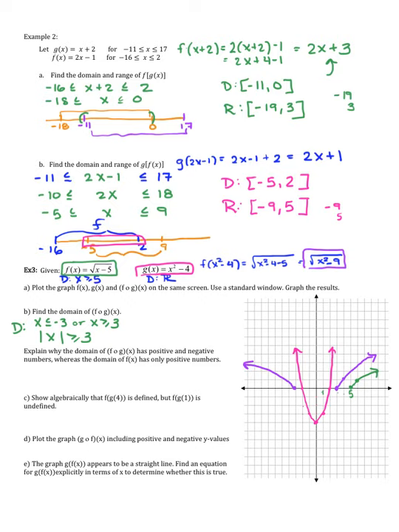Okay, explain why the domain of f of g of x has positive and negative values, whereas the domain of f only has positive numbers. So the reason for that is that our inside function, because we did f of g, the inside function, which was g of x, has no restrictions on its domain.